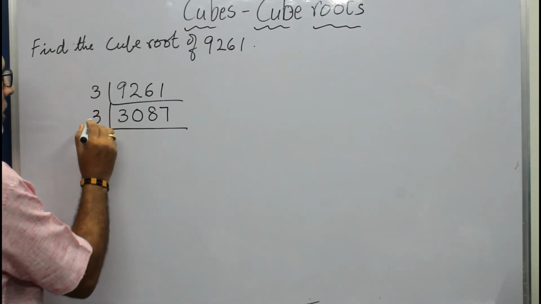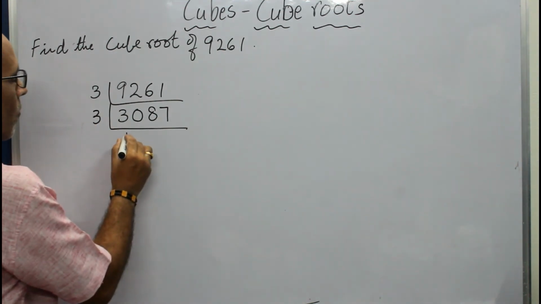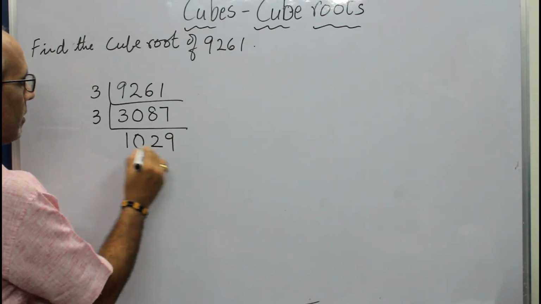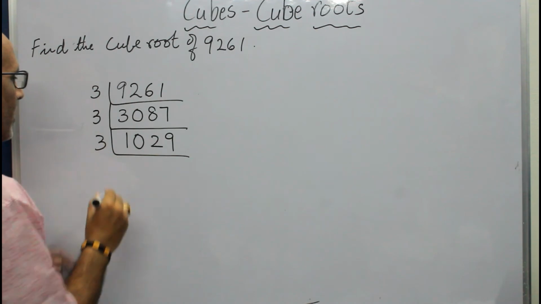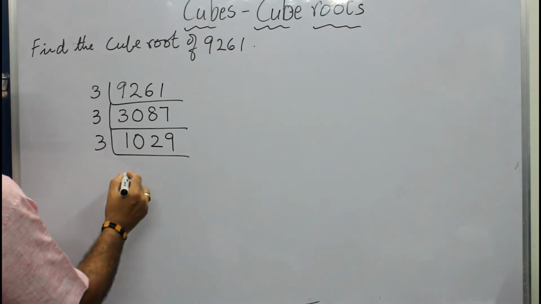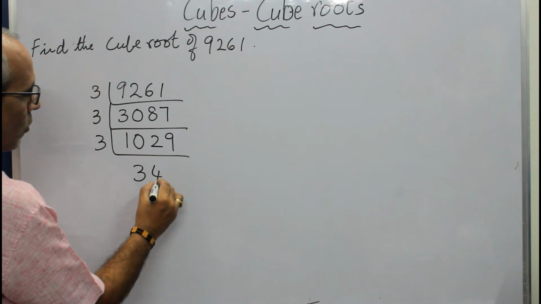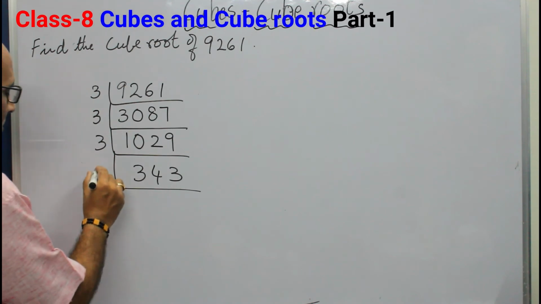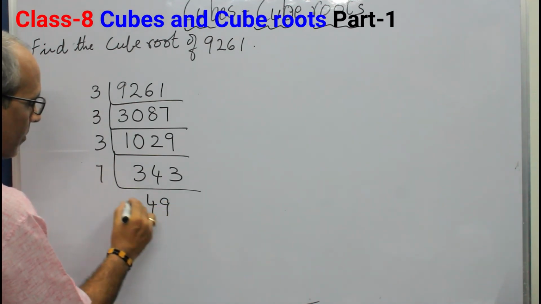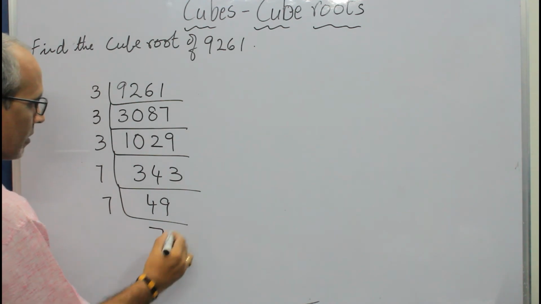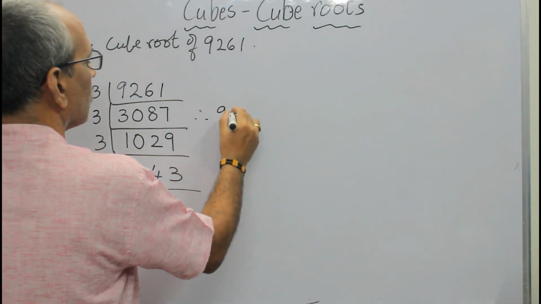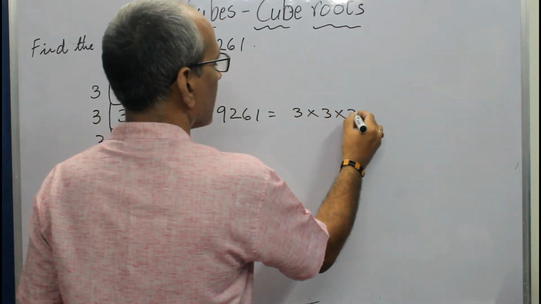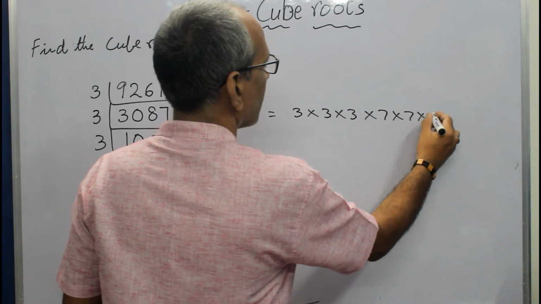So I go for 3 without checking anymore. 1029. Again, a third 3, because we get each number in triples. 343. Now, 7 is the only option. 7 sevens are 49, 7 sevens are 49, 7 sevens. Therefore, 9261 is equal to 3 into 3 into 3, 7 into 7 into 7.